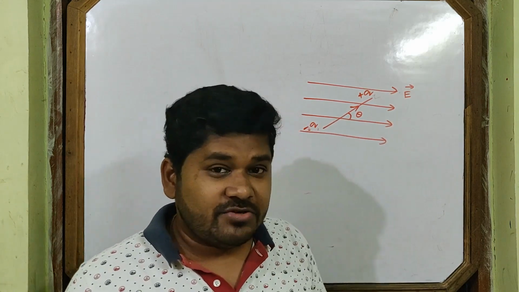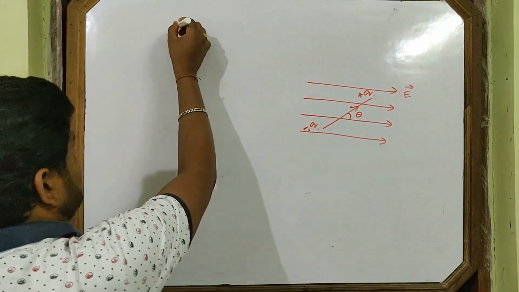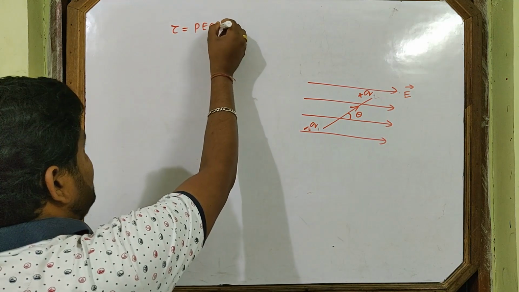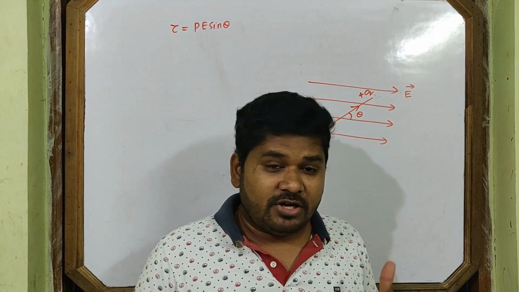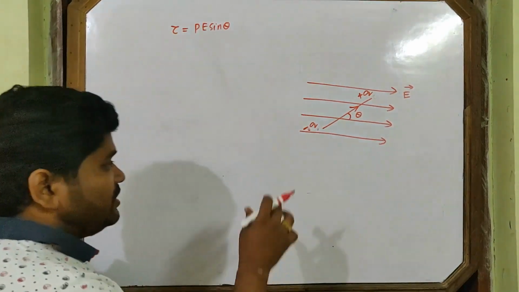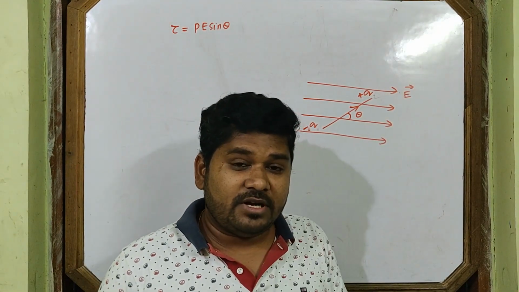Now see, what is the torque acting on the dipole when the angle is theta? pE sin theta. This is the torque acting on the dipole, that you already know from the first chapter.